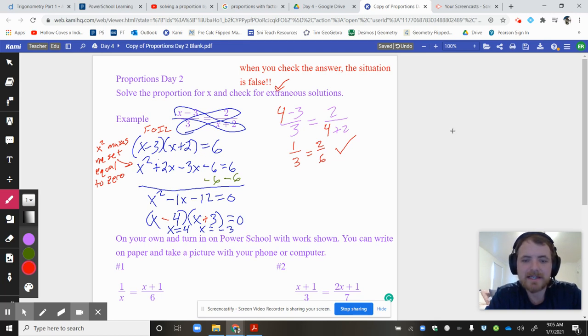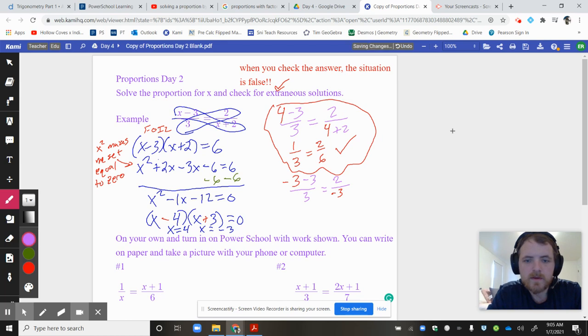When I plug in my negative 3, so that's one answer to check. And when I plug in my negative 3, keep, change, change. I get a negative 6 on top and a positive 3 on the bottom.